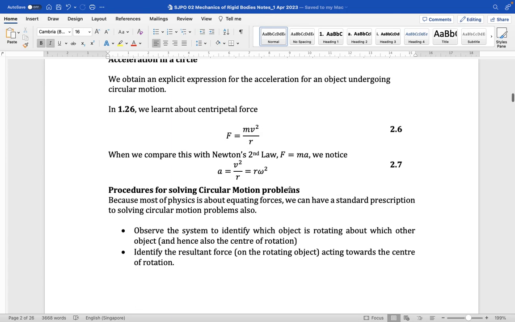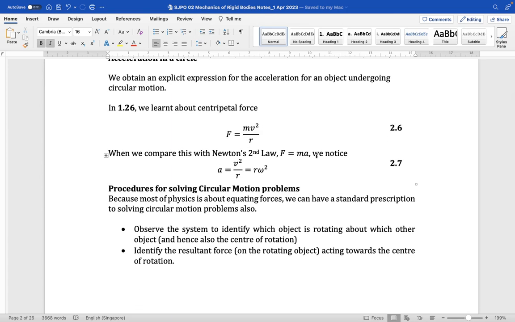We compare this with Newton's second law for linear motion, F equals ma, and we can recognize that the acceleration is given by v squared over r, and you can also bring in the angular frequency. Therefore, a is also equal to r omega squared.